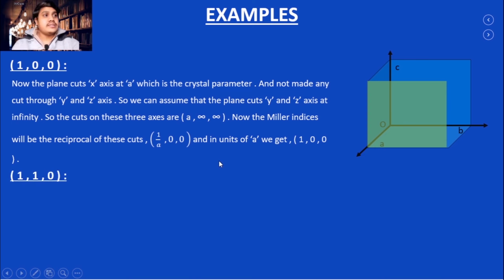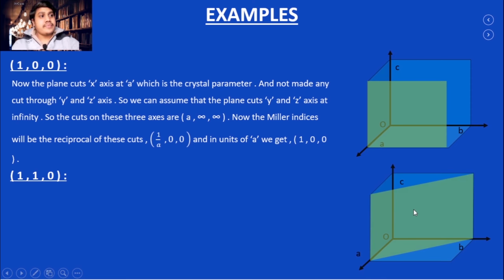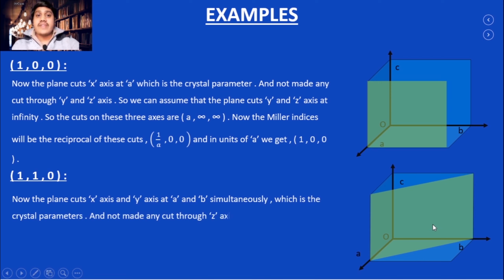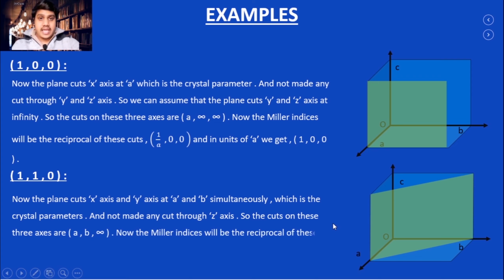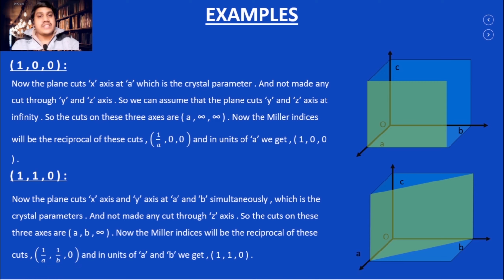Now we are going to take another. What does this plane suggest? As you can see here, the plane cuts the x-axis at a point A, the y-axis at a point B, but doesn't have any cut with the z-axis. As it is parallel to the z-axis, we take it that the plane will cut the z-axis at infinity.